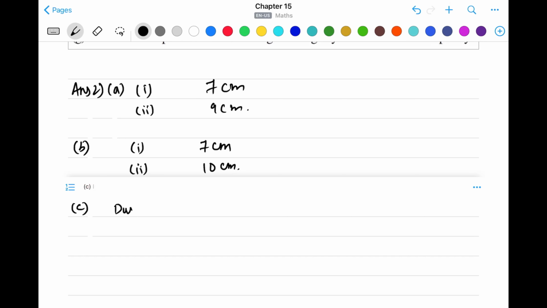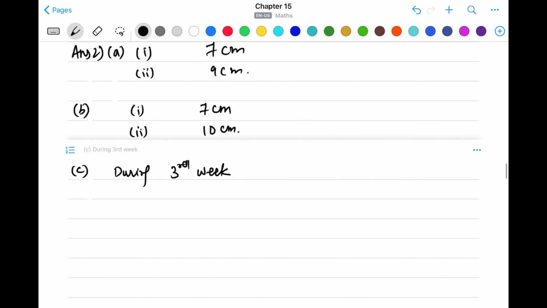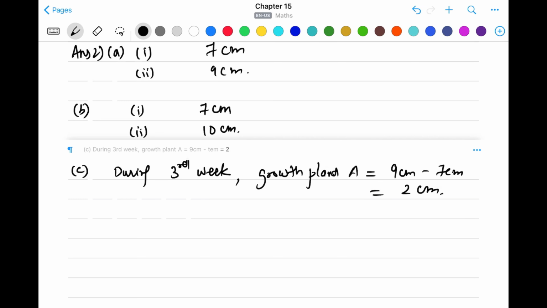During the 3rd week, growth of plant A is equal to 9 centimeter minus 7 centimeter, which turns out to be 2 centimeter.